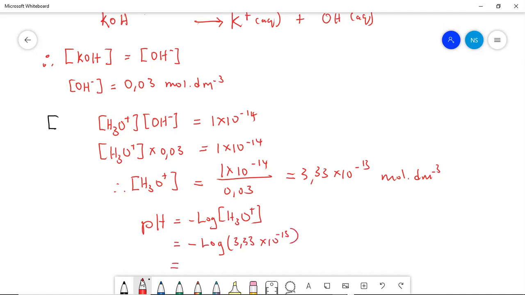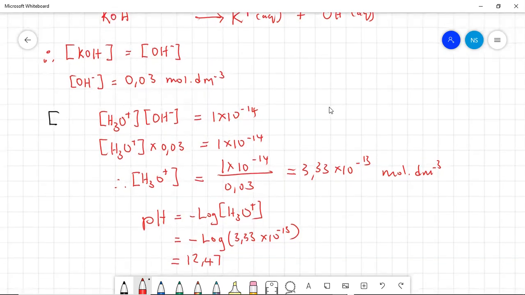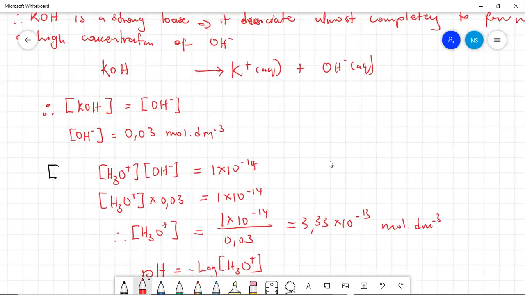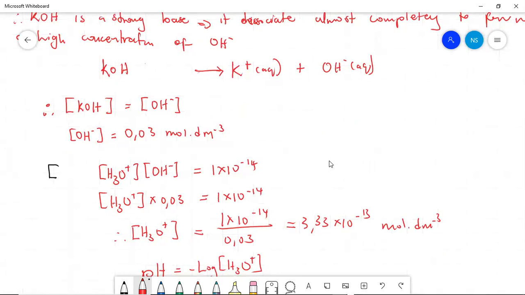That will be the case, and the answer will be 12.47, right? So the answer is 12.47, and this will give you more confidence because the pH is closer to 14, and we know that everything that is closer to 14 indicates that we are dealing with a strong base, right?